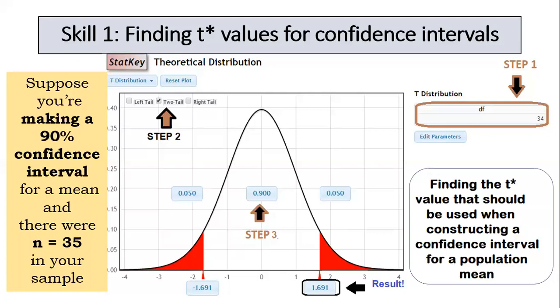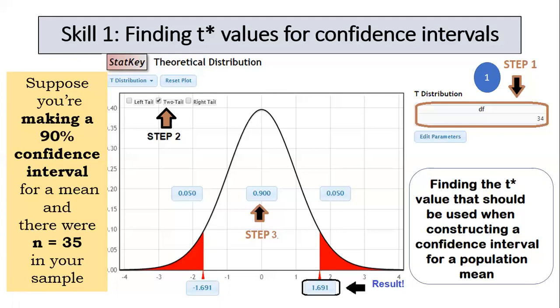In StatKey, if we go to the theoretical distributions and find the t-distribution option, once we go there, we'll always be prompted to enter the number of degrees of freedom that we want. This will always be our first step to change the number of degrees of freedom to what is appropriate for the problem.